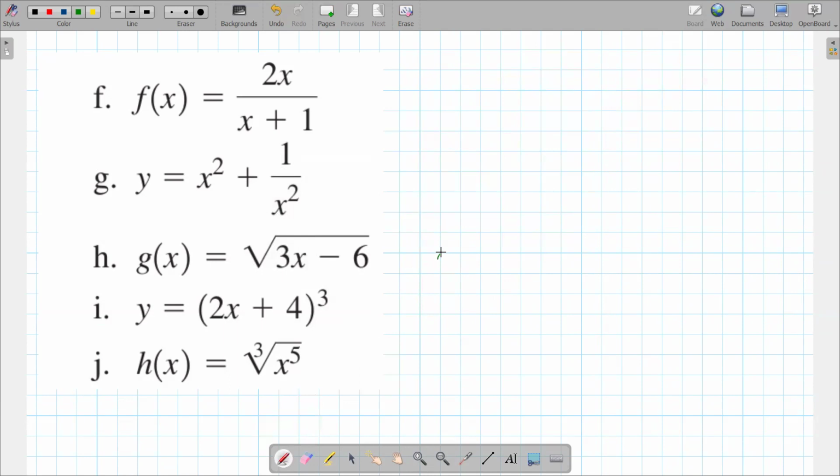Let's go to h. Even before we do anything, you don't have to do this, but just to see it, I'm going to write it as to the power of 1 over 2. What's the derivative of this?